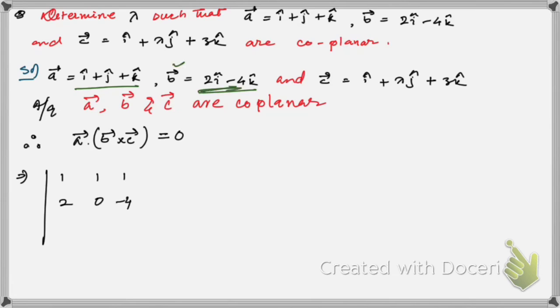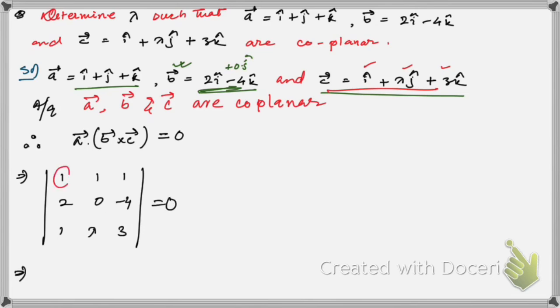As J cap is missing in this vector, you can consider 0 into J cap, and from this vector 1, lambda, 3. So these are the C1, C2, C3 obtained from this vector. The right hand side is equal to 0. You know how to evaluate determinants.